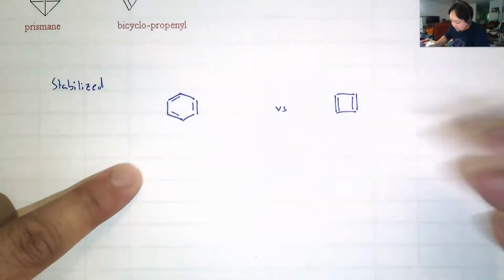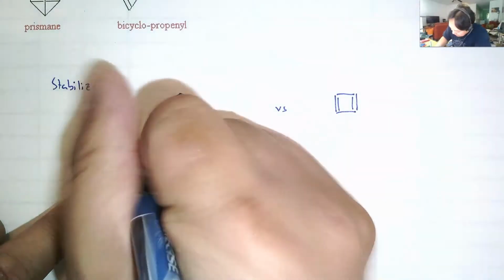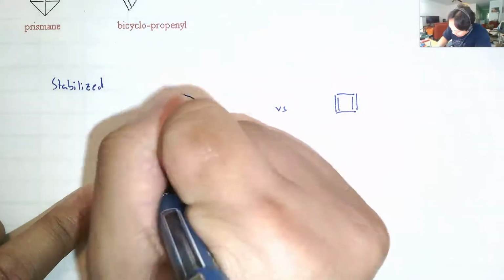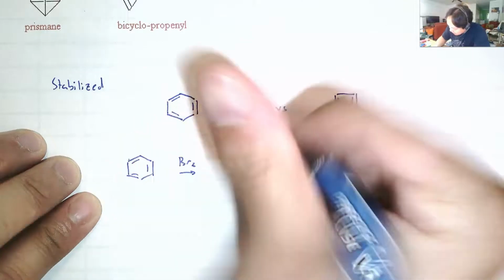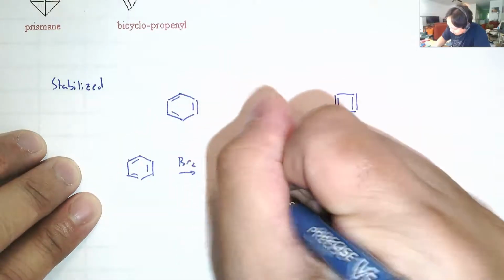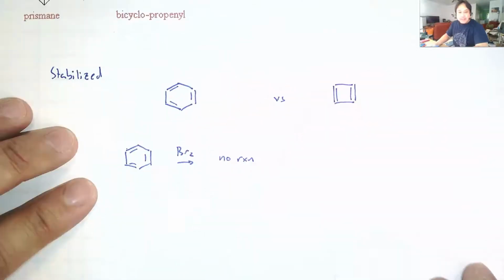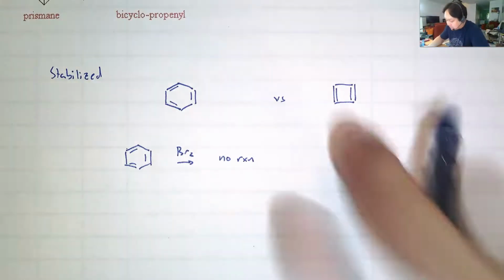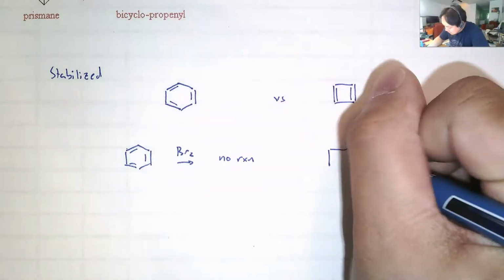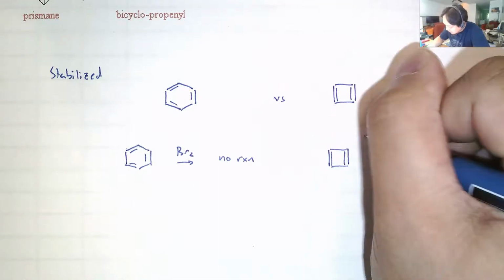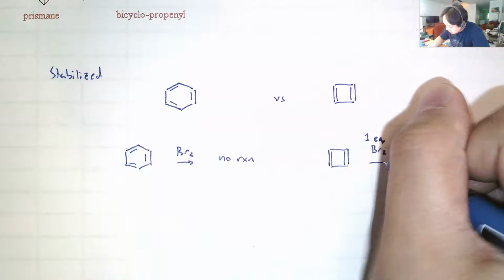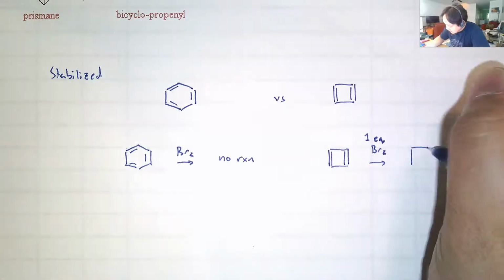If I react this with Br2, experimentally I get no reaction with benzene. But if I take cyclobutadiene and I react it with Br2, and we'll say just one equivalent, we get this.